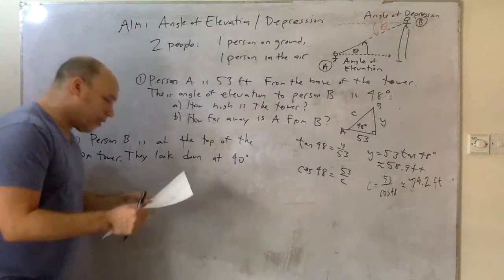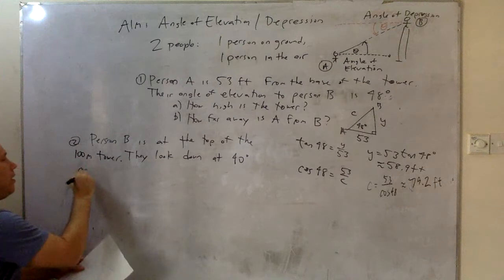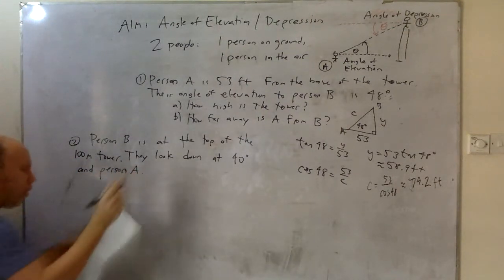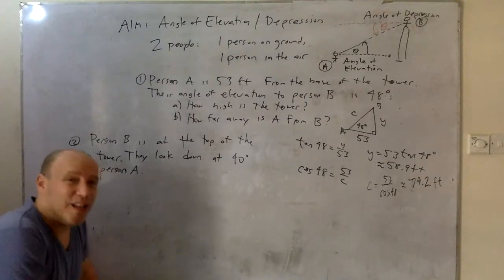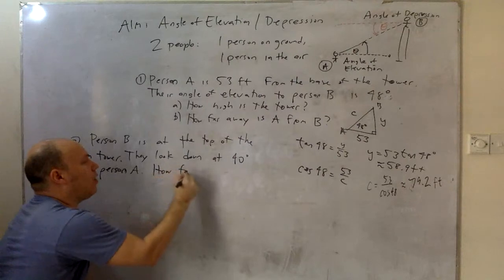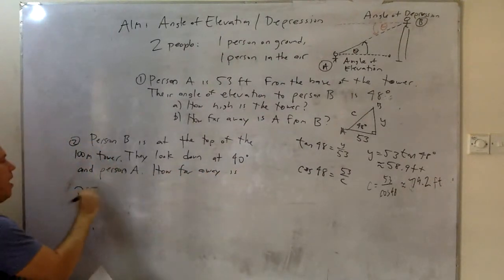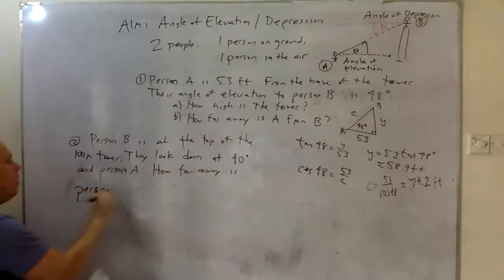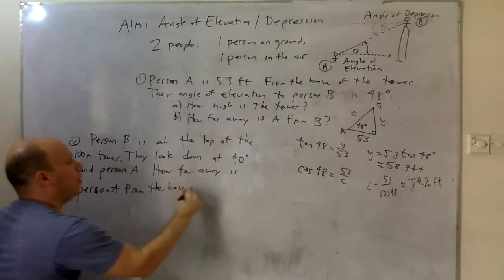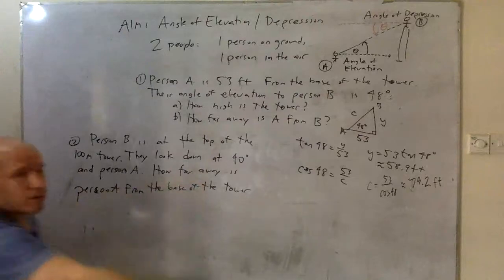So that's depression at 40 degrees, and sees person A. And so the question is, how far away is person A from the base of the tower? And so I'm going to erase that over there.